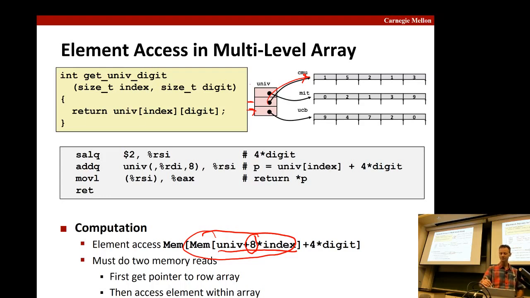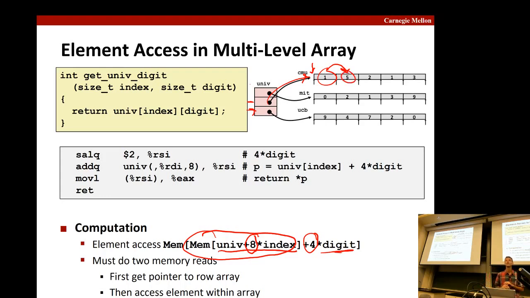In the CMU case, you start here, and now you just want to treat this as a one-dimensional case and index as we showed for one-dimensional. So the fact that these digits are all 4 bytes each, you multiply by the number of digits you want to cross. So if I want the digit 1, again, I return 5.